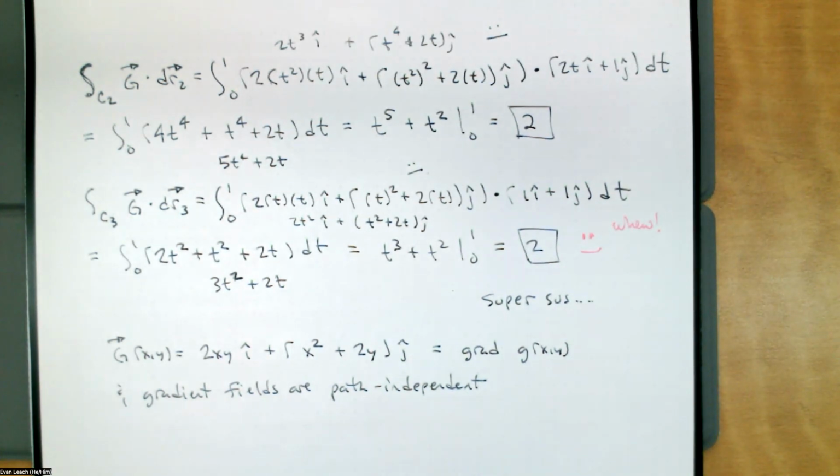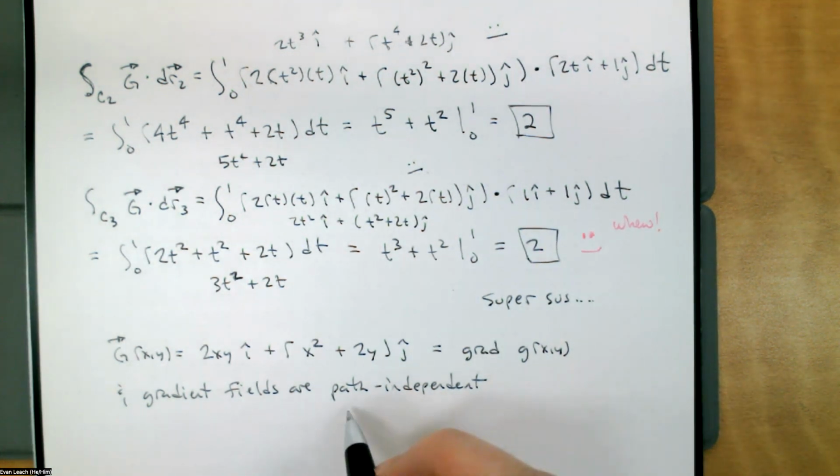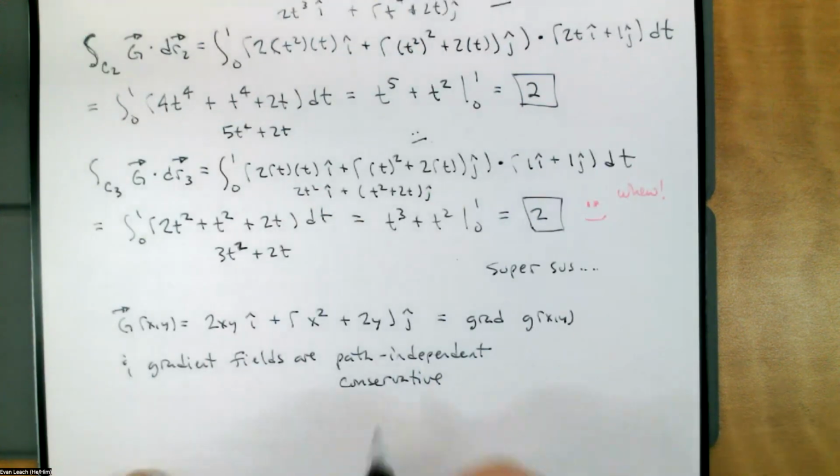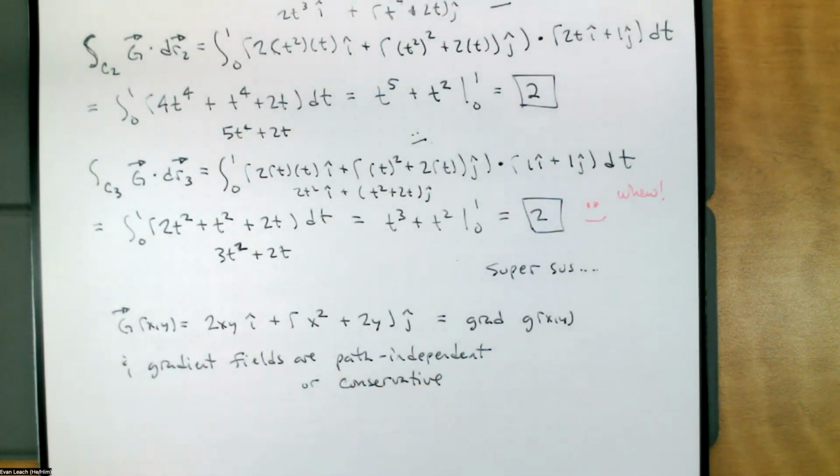Gradient fields are path independent. Another word for path independent is conservative. So gradient fields are conservative fields, path independent. All that matters is the endpoint.